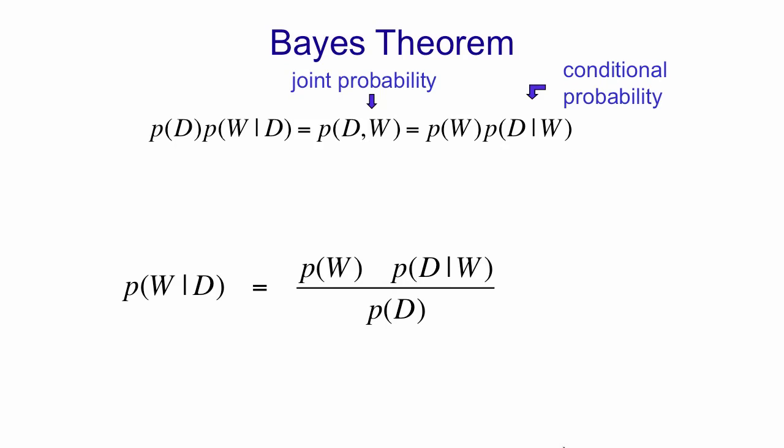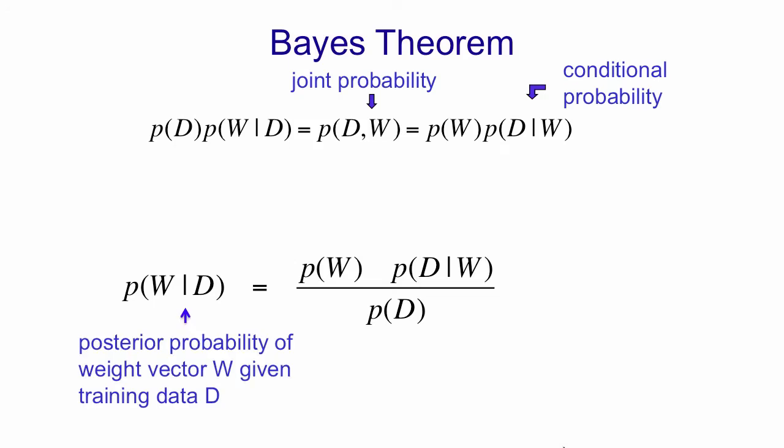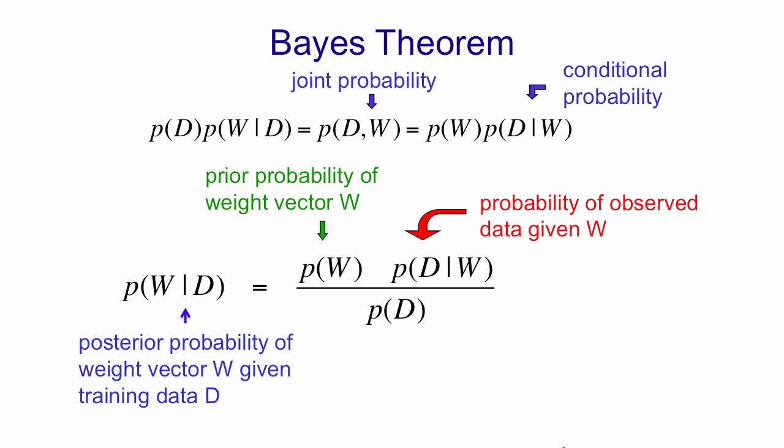Bayes' theorem says that the posterior probability of a particular value of w, given the data d, is just the prior probability of that particular value of w times the probability, given that particular value of w, that you would have observed the data you observed.